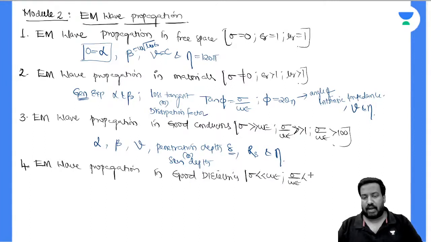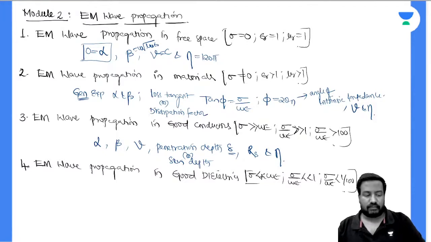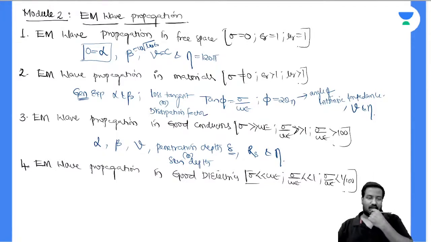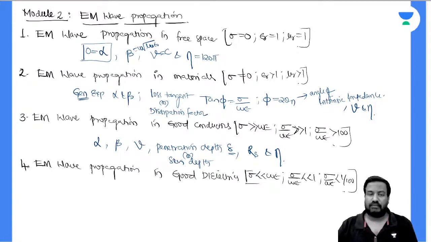Sigma by omega epsilon far less than 1, less than 1 by 100. And here we have derived alpha, beta, velocity and eta.